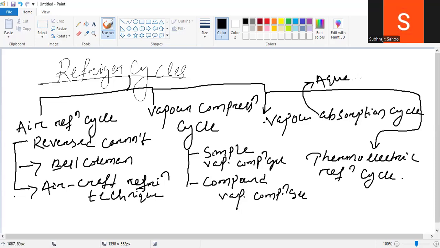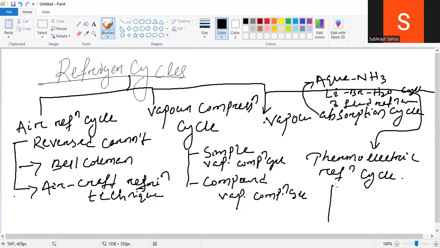Aqua ammonia, NH3, I'm writing here. Lithium bromide and H2O, the lithium bromide water cycle. Next, the three fluid refrigeration cycle is there.